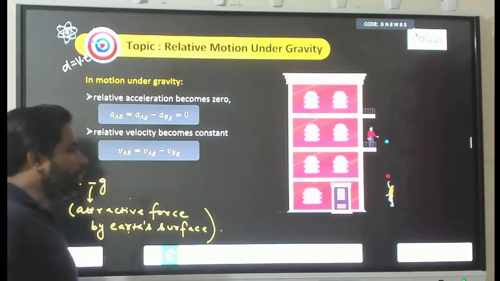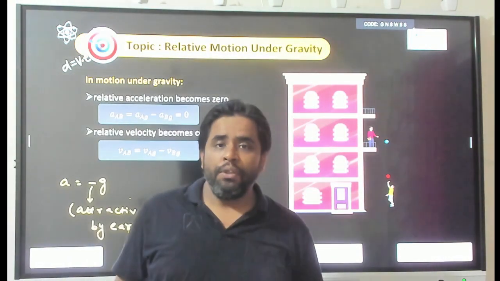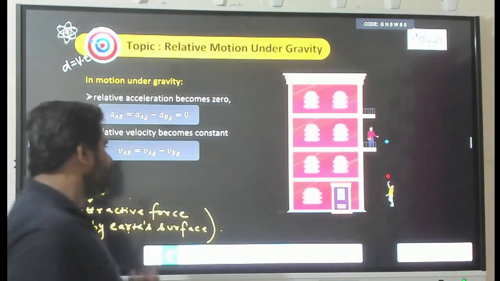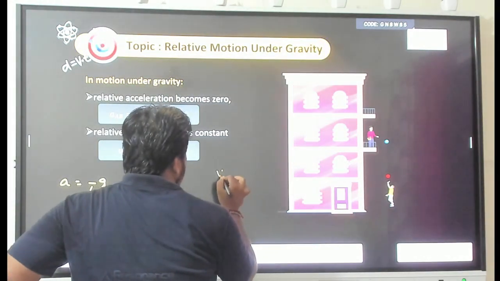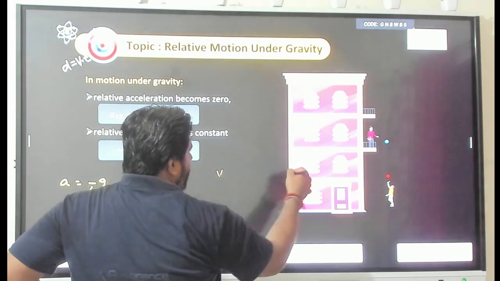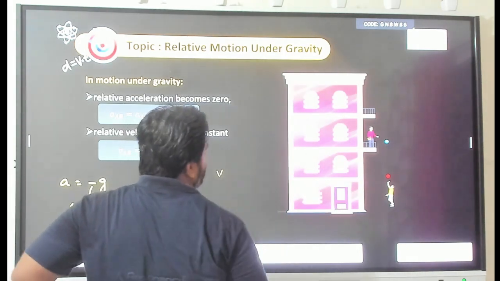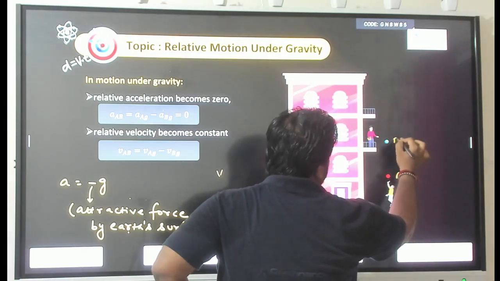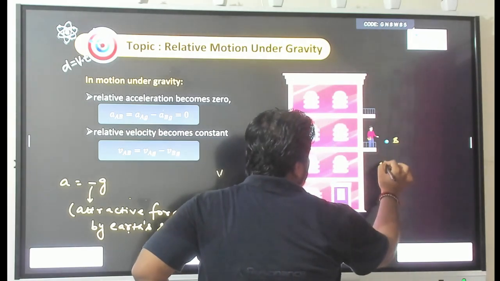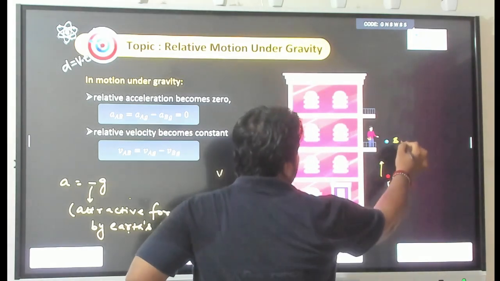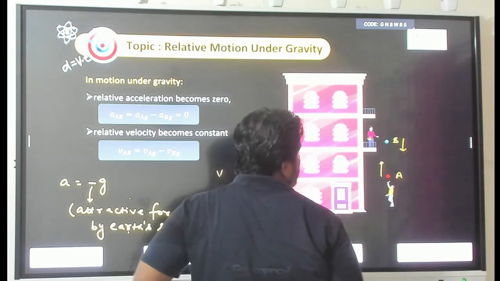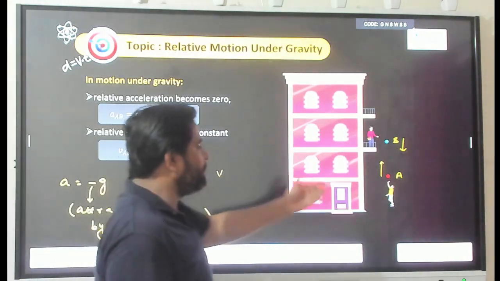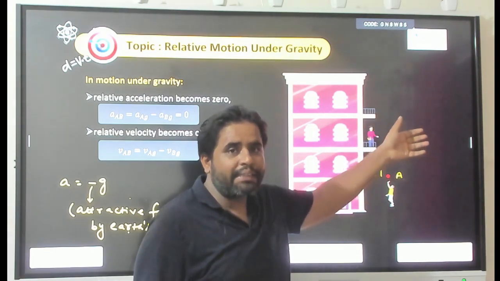If we are studying relative velocity, you could have gone through the last video. Let us assume one condition. This is A and this one is B. If I project A up and we drop B down, this object will go up and this one is getting dropped.